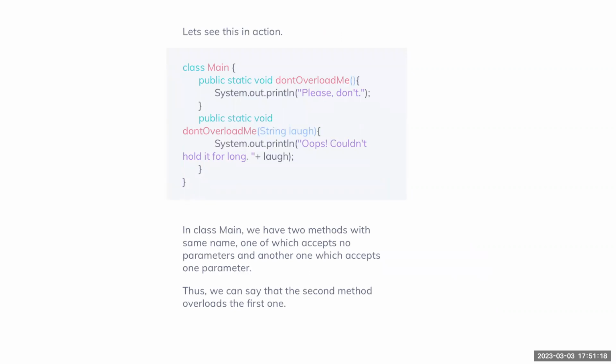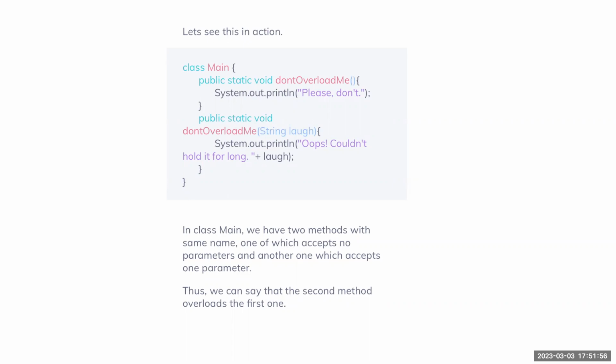So we have a class called Main, and inside it we have a method, don't overload me. Public static void main, I'm just calling that don't overload me, and I'm printing one of the variables, whatever parameter we have, using System.out.println.